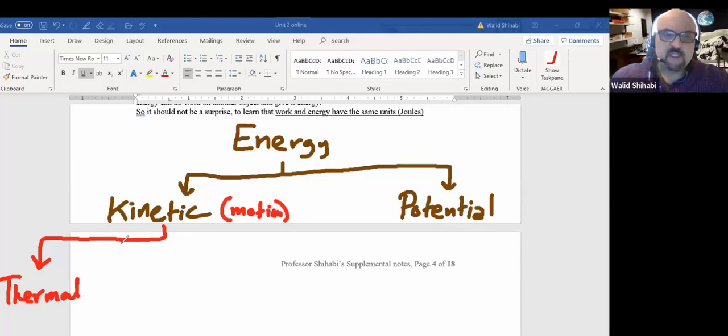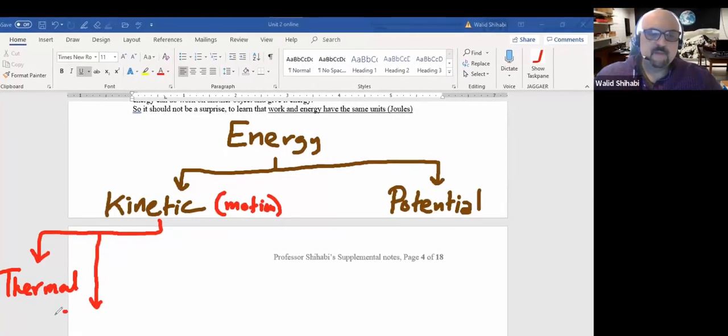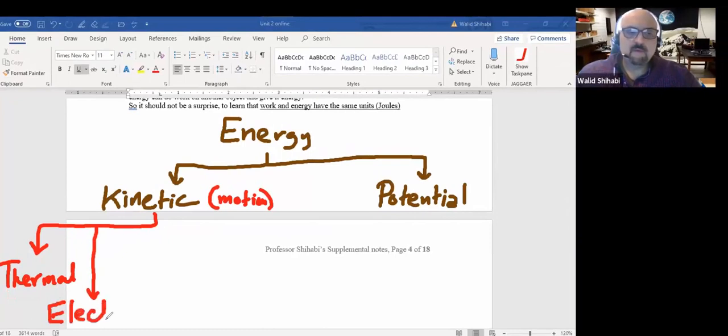Another type of kinetic energy is electrical kinetic energy. Electricity, if you think about it, is the motion of electric charges. When you turn on the light in your room, you are allowing the electric current to flow. Electric current is composed of moving charges, electrons namely. You are allowing those electric charges to reach your light bulb and light it up.